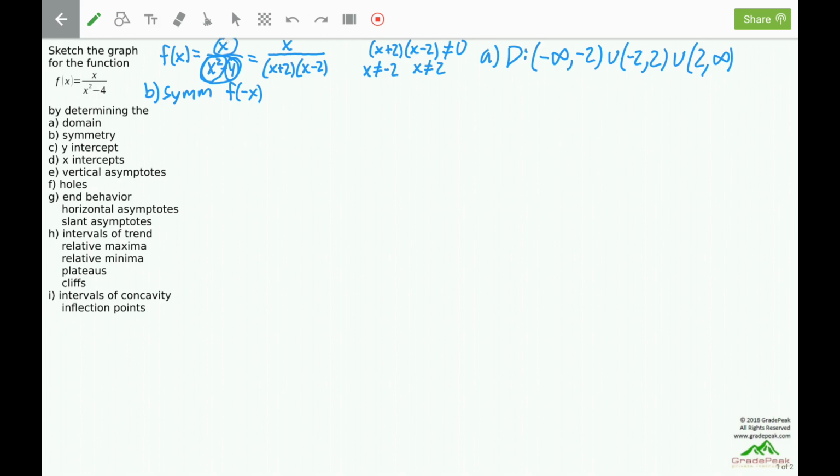In the numerator, we have an odd power of x, this is an implied first power, which will have origin or odd symmetry. Odd divided by even, since it's division and they do not match, the result will be odd.